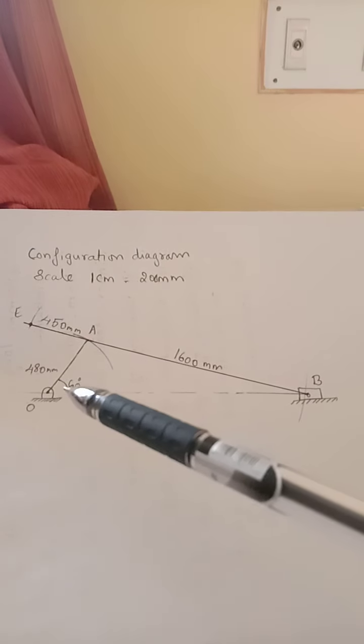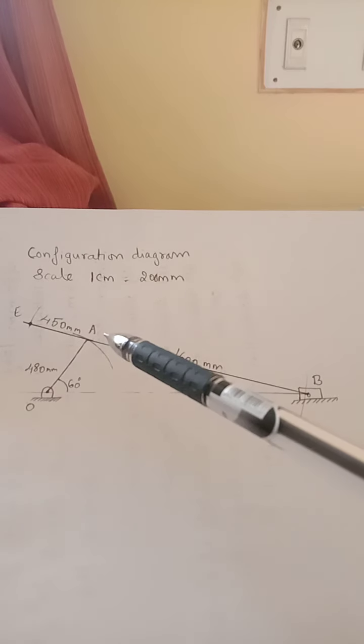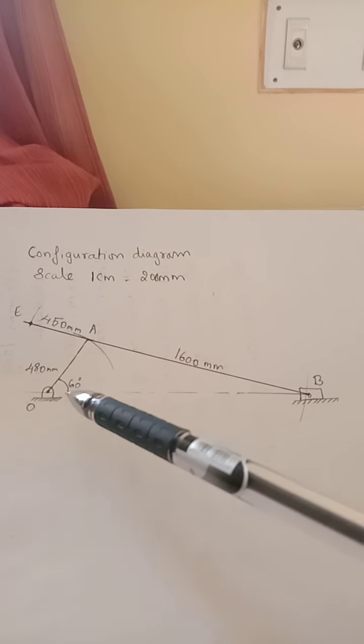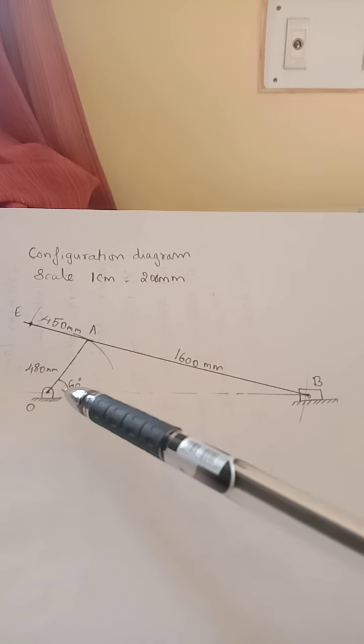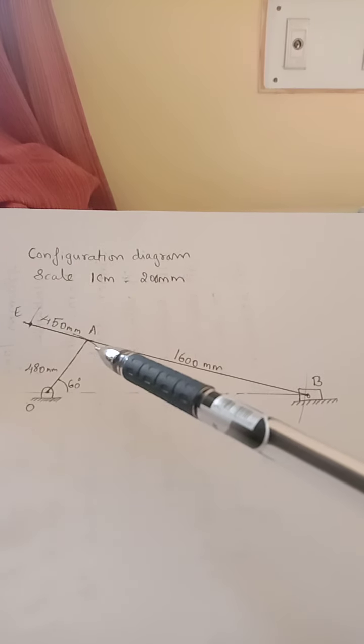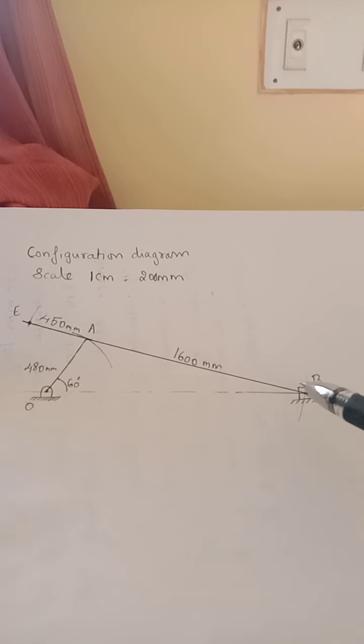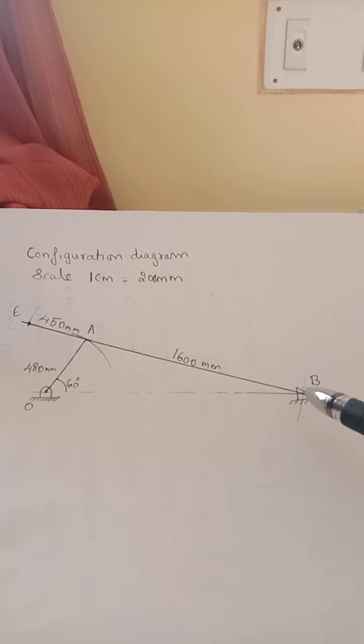See the angle, the crank is 480 mm long, and it is inclined at 60 degree. The connecting rod is 1600 mm, that is 1.6 meters. So in mm it is 480 mm, and 1600 mm.